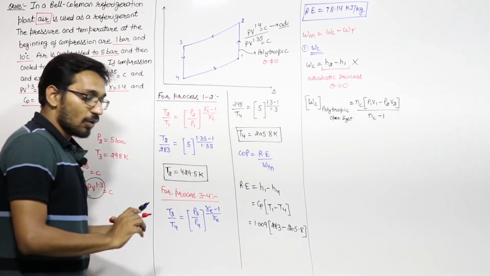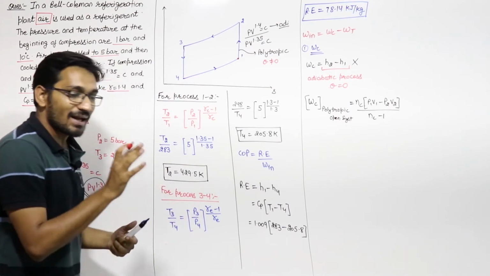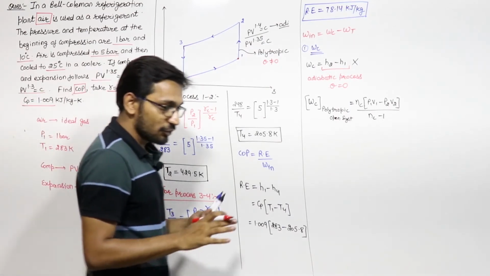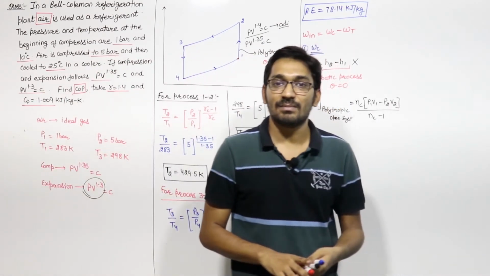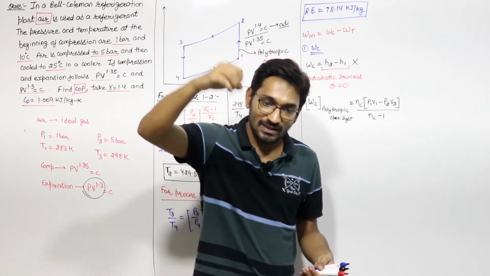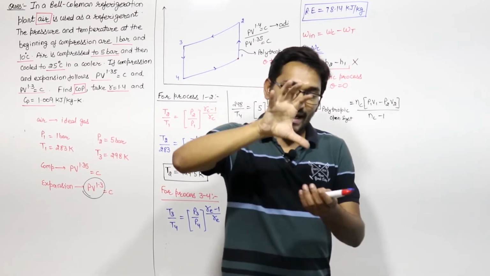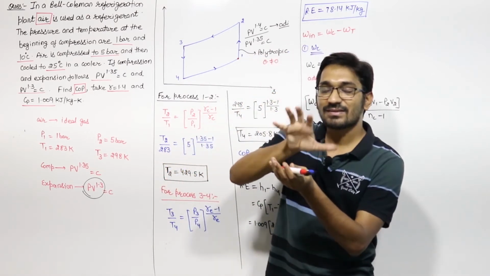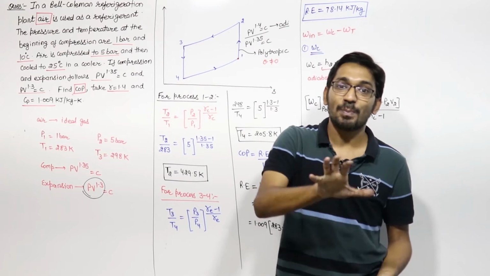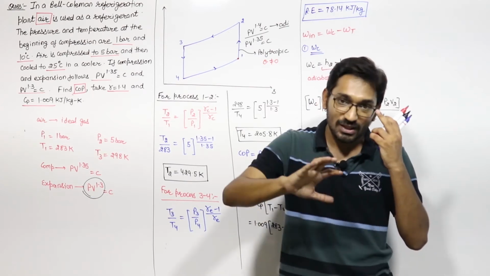But if you take only this compressor as a system, then in the compressor refrigerant is coming inside and refrigerant is going outside. If you take the compressor as a system, that system is an open system. Don't confuse with the concept.